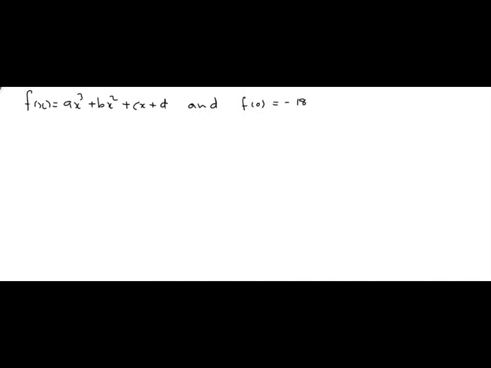Now this is obviously the y-intercept, so this is already the value d. This is going to be the value of d from this function. That's negative 18 right there. So I already know that my function looks something like that: cx minus 18.